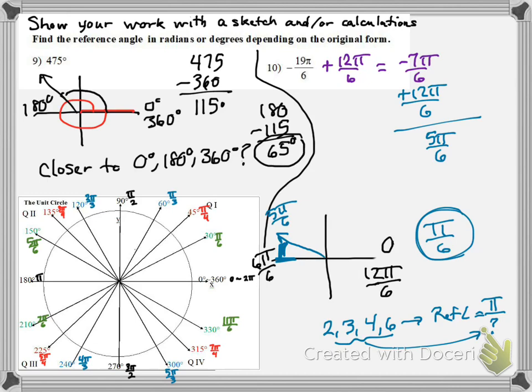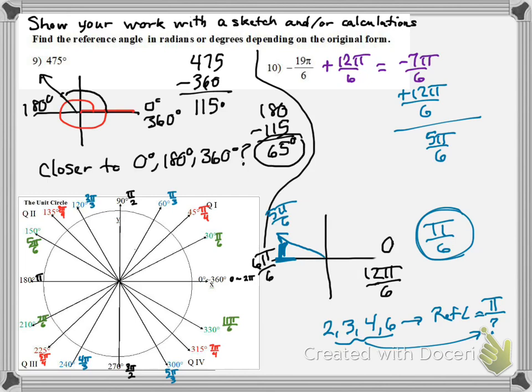When it's not a 2, 3, 4, 6, when it's something like 57 pi over 20, that's not going to help you. You're going to have to just deal with it by actually looking and counting it out. But this is just a shortcut. Because it had pi over 6, I knew that its reference angle would be pi over 6.